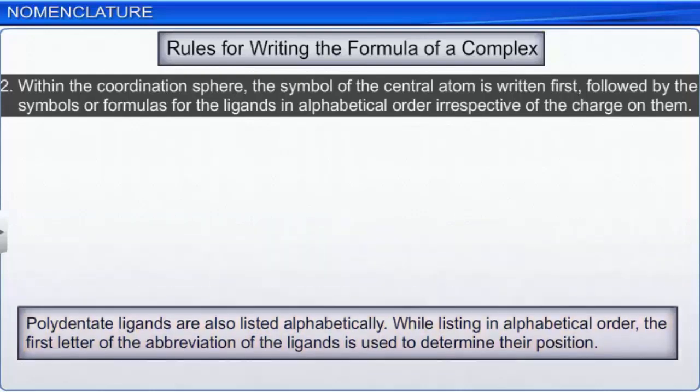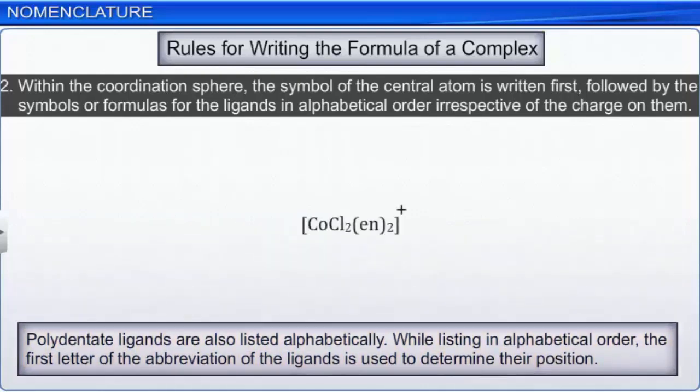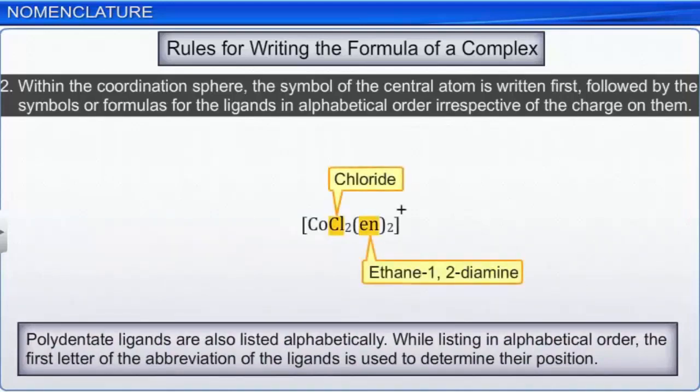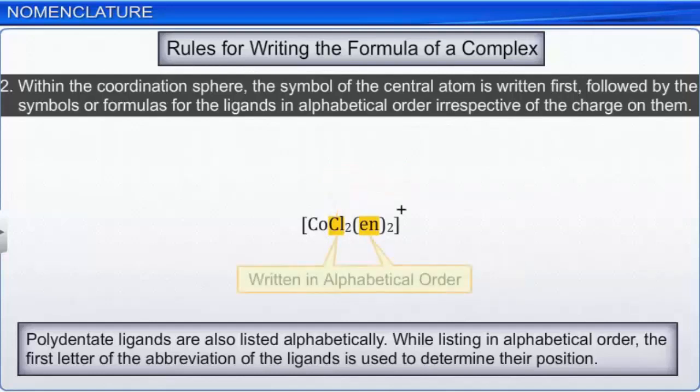See, in the given example, a cationic complex is given. Here, 2 chloride radicals, a simple anion, monodentate ligand. En is nothing but ethane 1,2-diamine. It is a polydentate ligand.